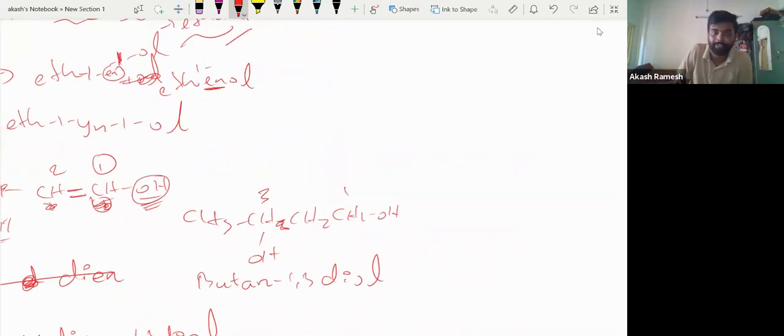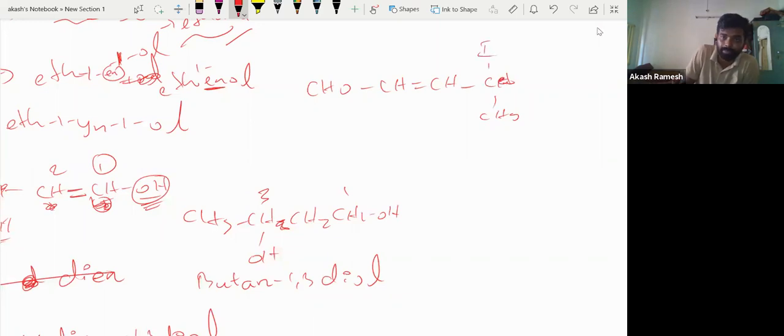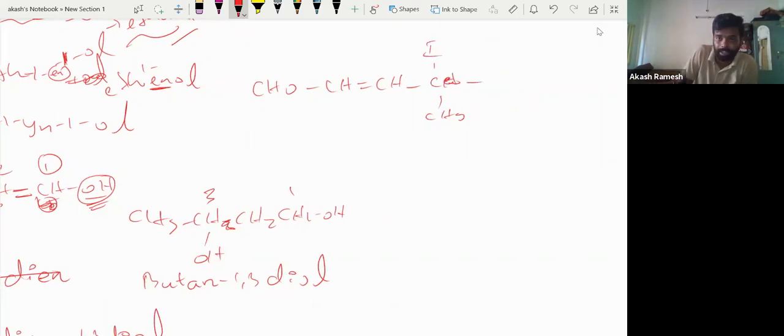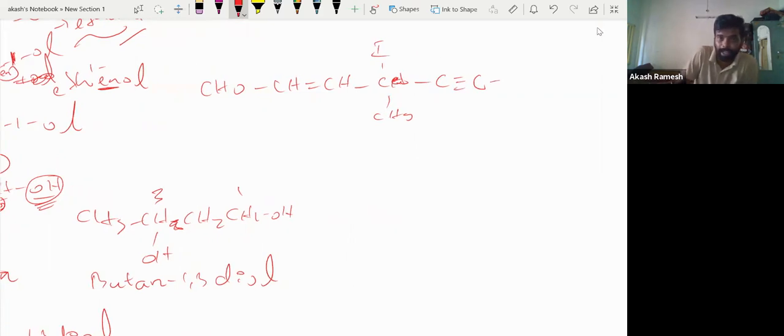Say I have, we'll have prefixes also this time. Say I have a CHO, I have CH double bond CH, and say I have a CH3 here, and I'll remove another one. I have an iodine here, and say I have C triple bond C, and say I have a COOH here. So I have so many things: iodine, CH3 as a branch, COOH.